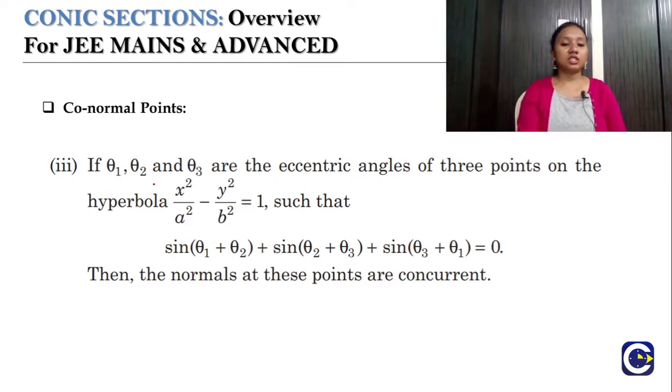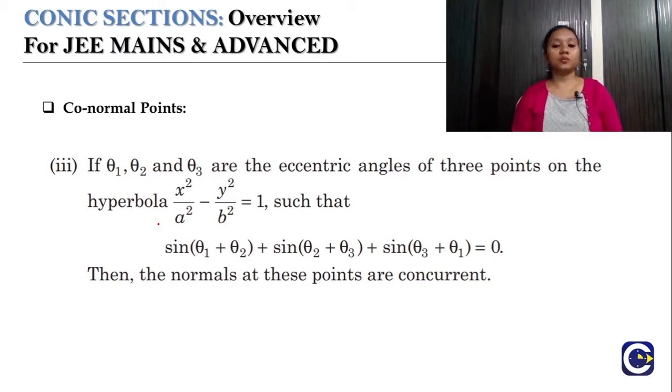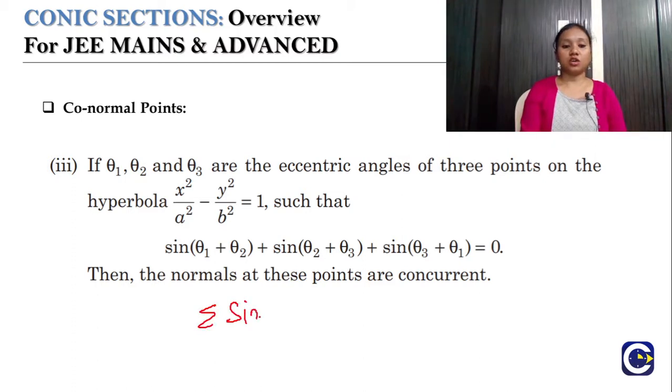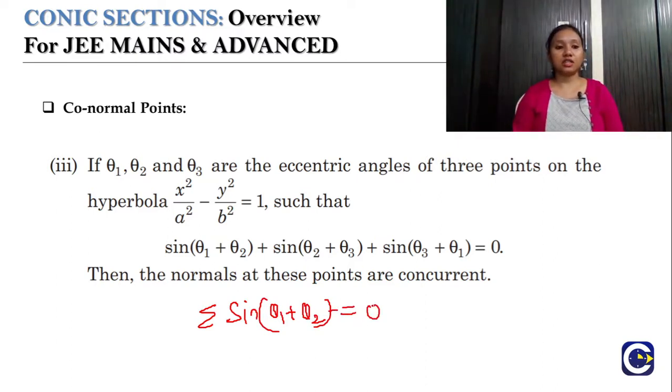And coming to our third important standard result related to the conormal points. If theta 1, theta 2 and theta 3 are the eccentric angles of 3 points on the hyperbola, initially we talked about 4, but here we are talking about 3 points, such that they satisfy the condition sine of theta 1 plus theta 2 plus sine of theta 2 plus theta 3 plus sine of theta 3 plus theta 1 is equal to 0, that means sigma sine of theta 1 plus theta 2 is equal to 0, with only 3 eccentric angles theta 1, theta 2 and theta 3, then the normals at these points are concurrent.